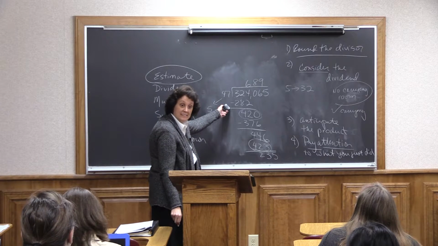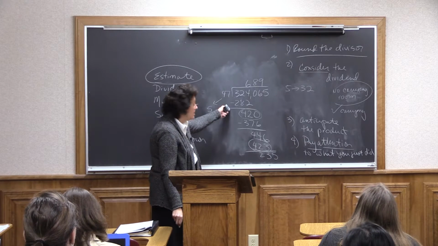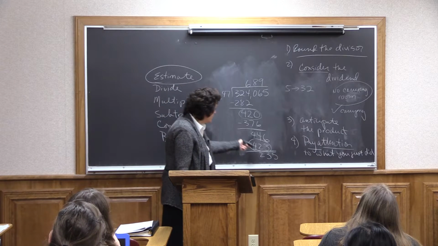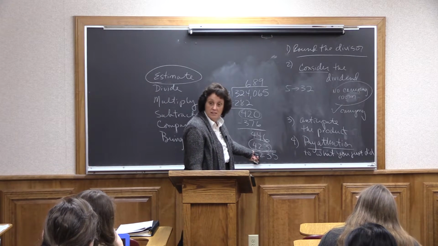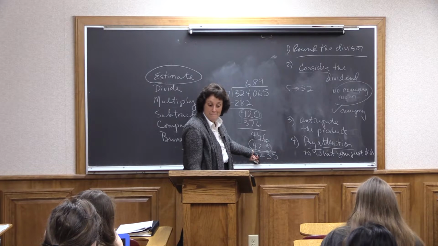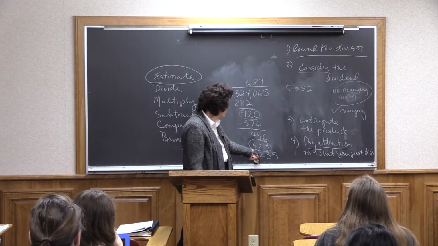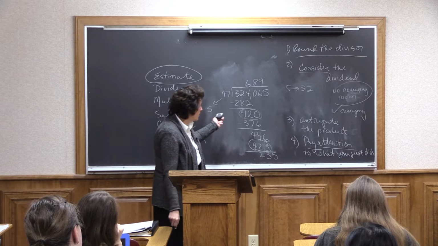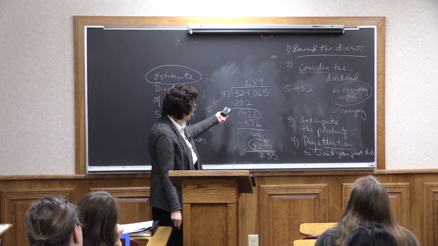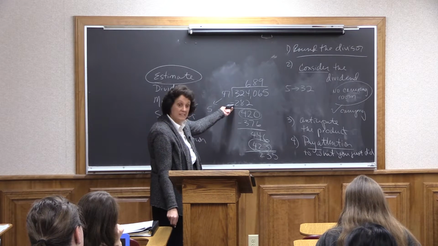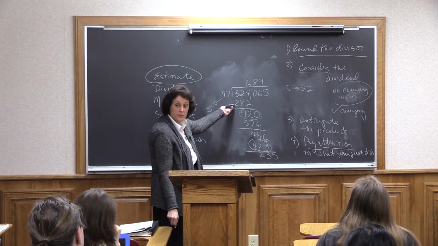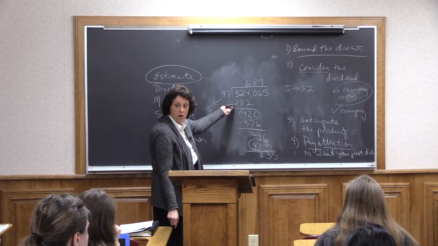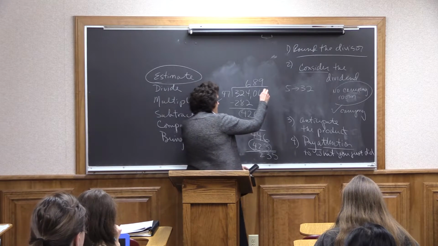Here's 6. So what am I going to use? 5 goes into 23. How many times? 4. Okay? What's the product going to be? Here's 6. 4 is going to be too small. I'm going to go right to 5.